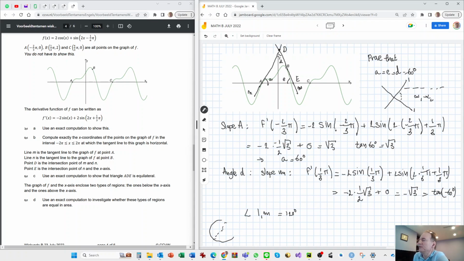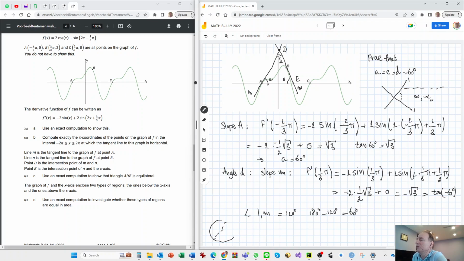But if this is acute or obtuse, when this angle is larger than 90, you need to take the complement. So you need to take 180 degrees minus 120, which is 60 degrees.